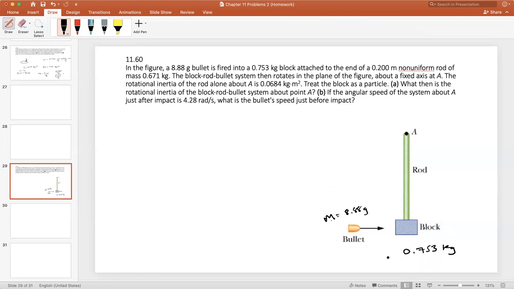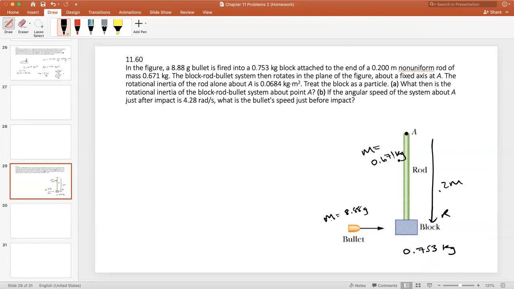Note the change in units. That's attached to the end of a 0.2 meter rod. So this distance R is 0.2 meters. And this rod has a mass of 0.671 kilograms.